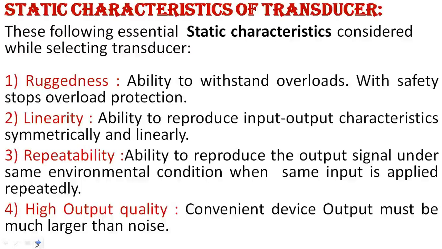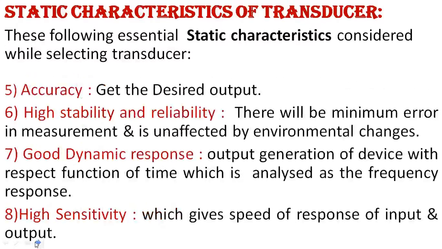Then the next characteristic, high output quality. The device output must be larger than whatever noise is generated by the transducer, so that its amplitude or magnitude is more than the noise, and you will get a high quality output.